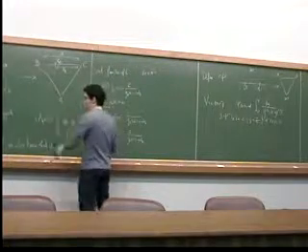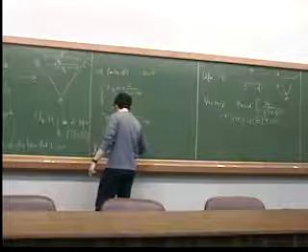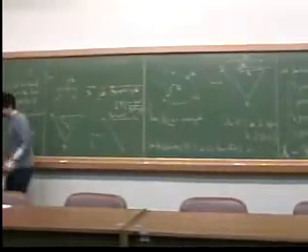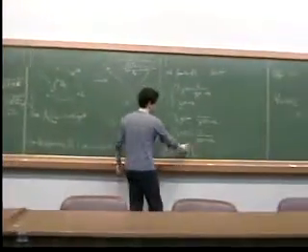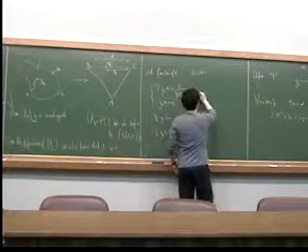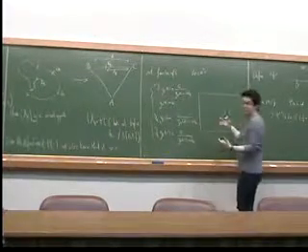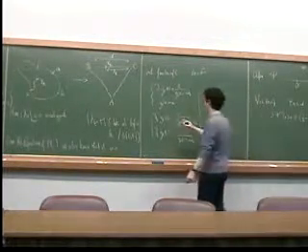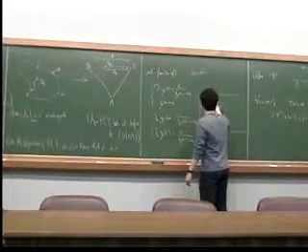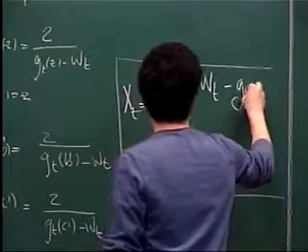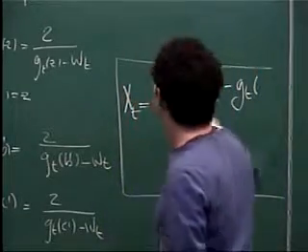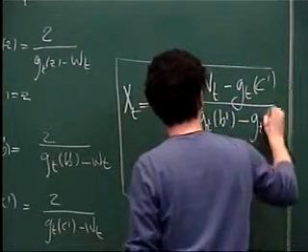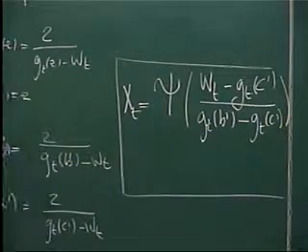is a function of all this mess, and this function is just psi of, okay, let me write it. What I'm doing now is justifying the fact that xt characterizes the entire curve gamma. So here we know that xt is equal to psi of w minus gt of c, and psi is a very smooth function.